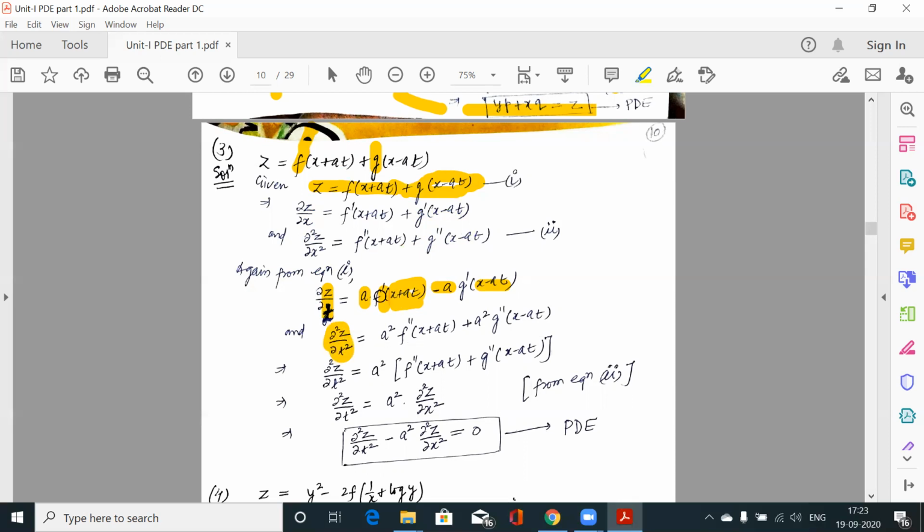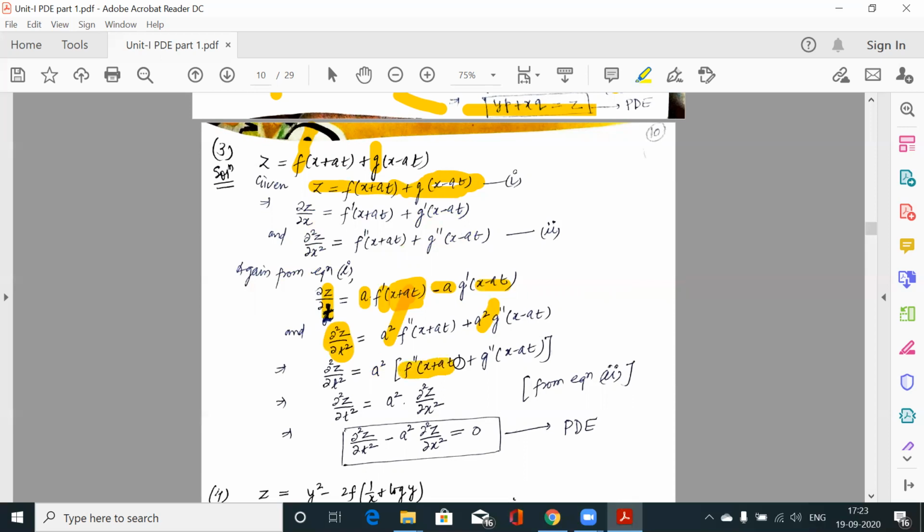So f double dash, again a is multiplied here, and again minus a is multiplied in this. So minus a into minus a is a square, plus a square. Here a square is common, so we have taken a square out of it.